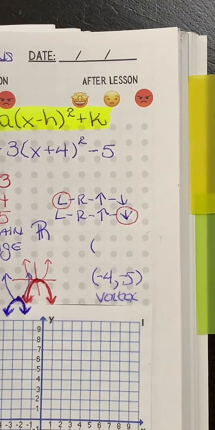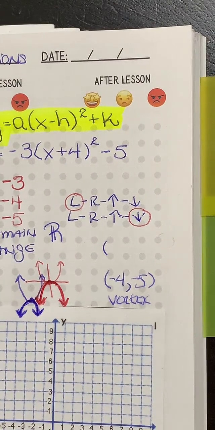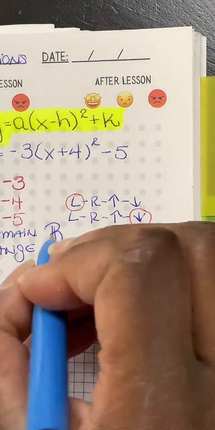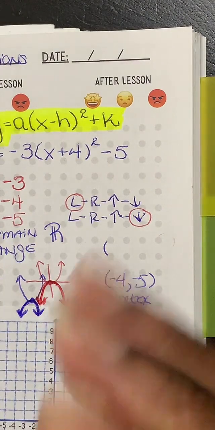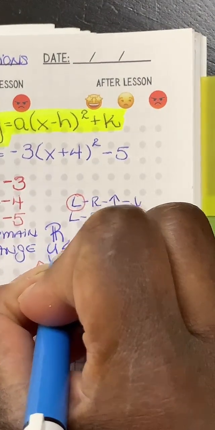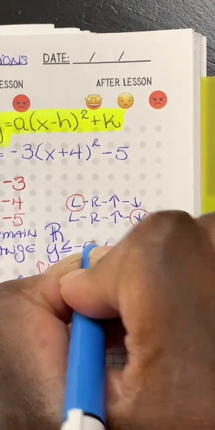So you have to keep going to less than, because we're going towards -infinity. Yes, good job, guys. Very nicely done. So y is less than or equal to -5.